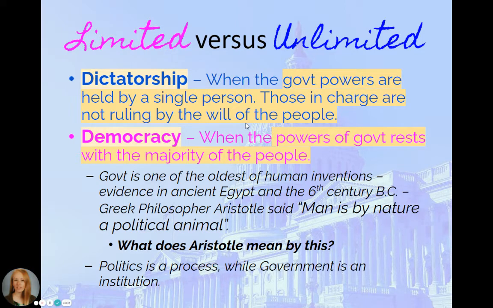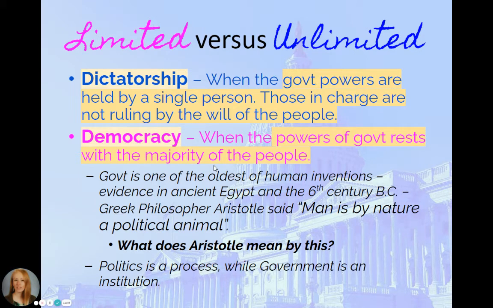So basically, no matter how much the people are upset with the policies being put into place, the laws being carried out, they do not have a say and they cannot object. So that's what makes it a dictatorship. They can have all of the control. Whereas conversely, under a democracy, the powers of the government rest with the majority of the people.